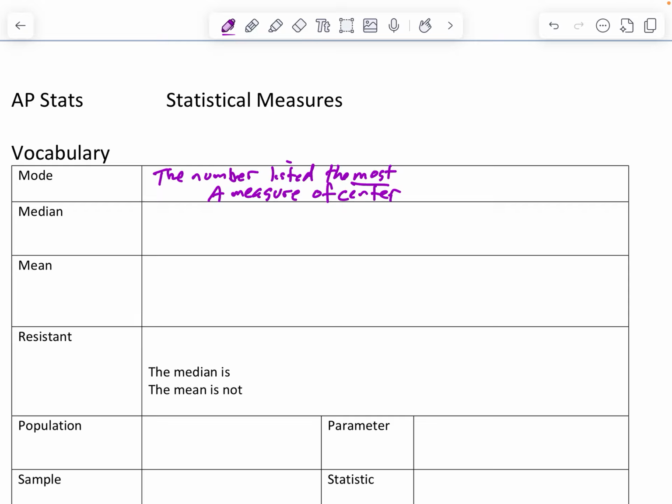Median is the number in the middle of the list. So you need to list them in order first of all. Now, if this is when there's an odd number, you find a number in the middle. If there are two numbers in the middle, because there's an even number in the list, then you average the middle two.